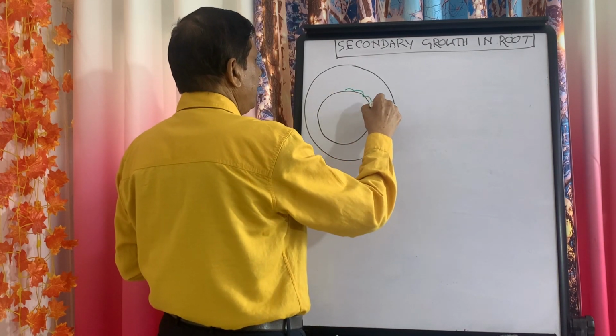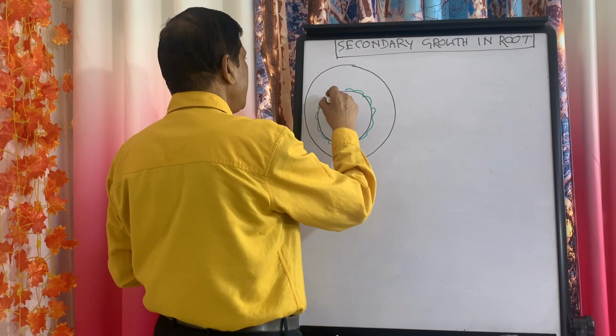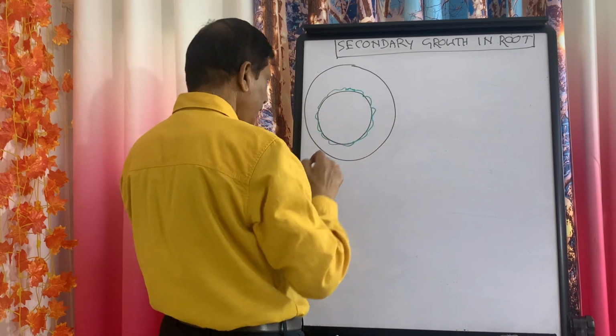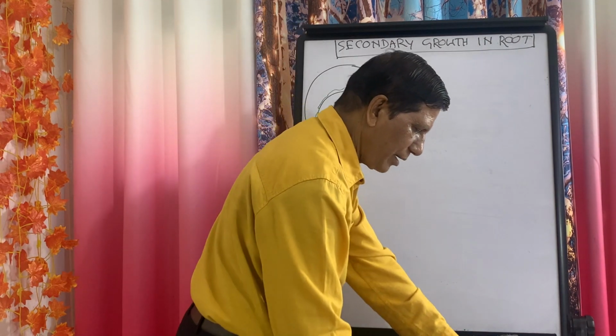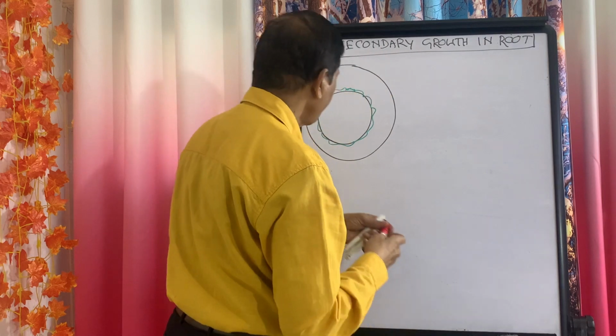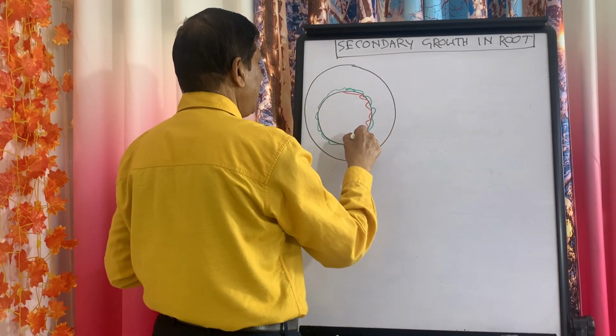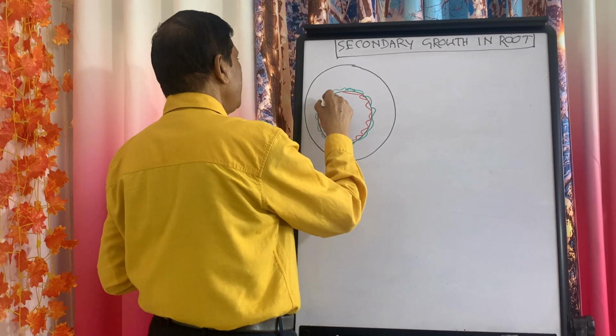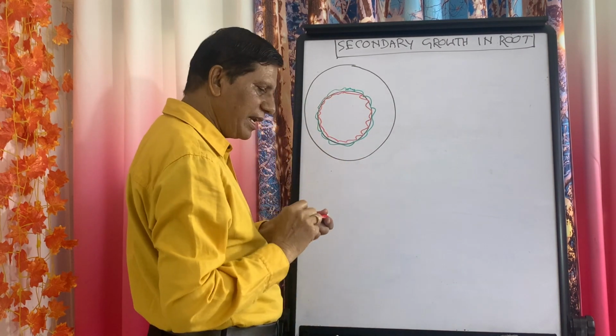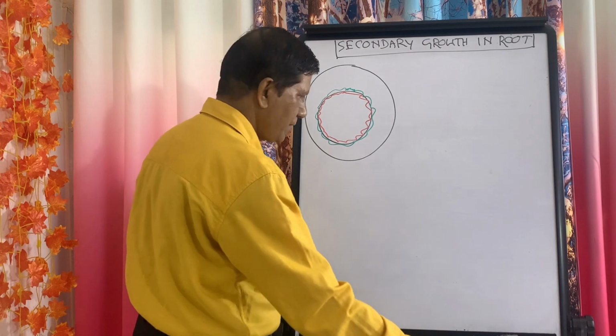This is the endodermis, and below this endodermis there is a layer of pericycle. In case of roots, the pericycle is usually single layered and parenchymatous.